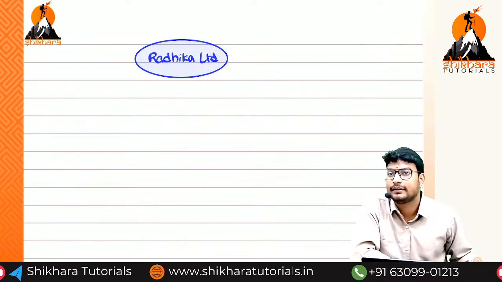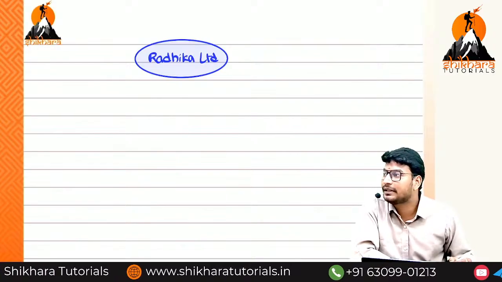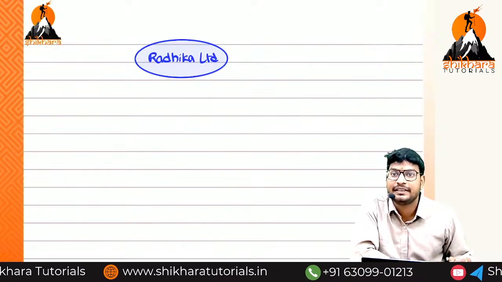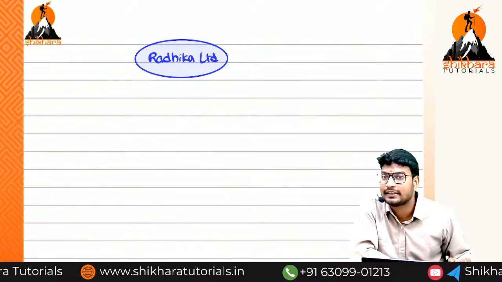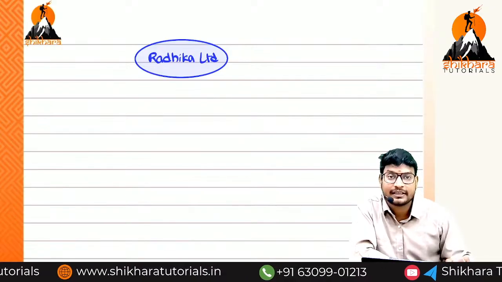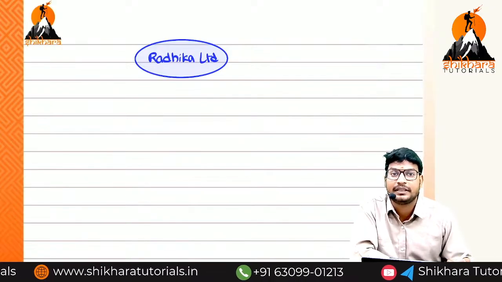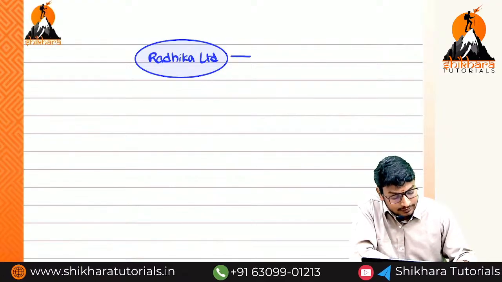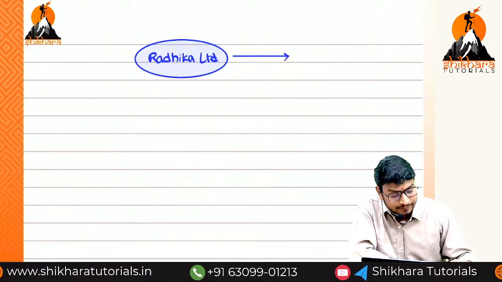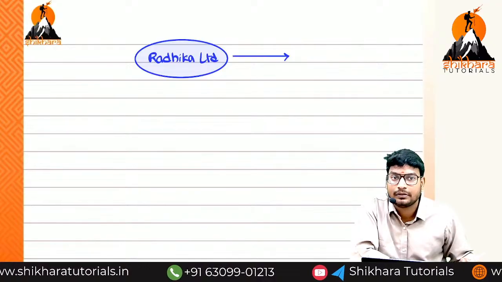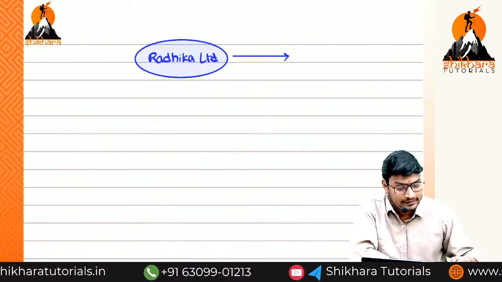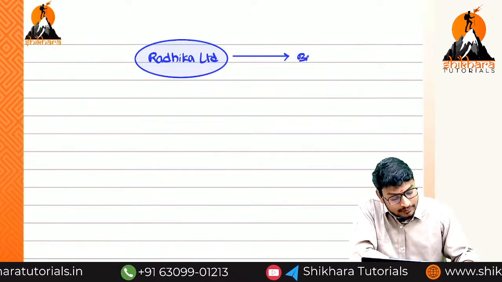Limited means it is a public company or private company? Public company. Can we do listing? We can do the listing. A private company cannot be listed, but a public company can be listed. So we have gone to the listing. I think you know the face value, you know the issue price also. Sometimes there will be a concept called book building.